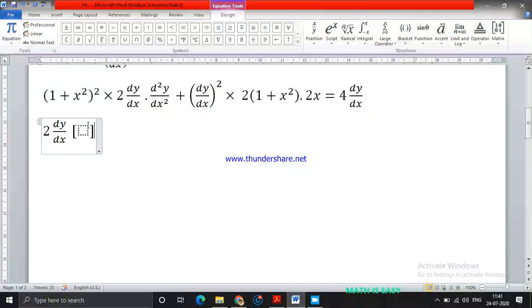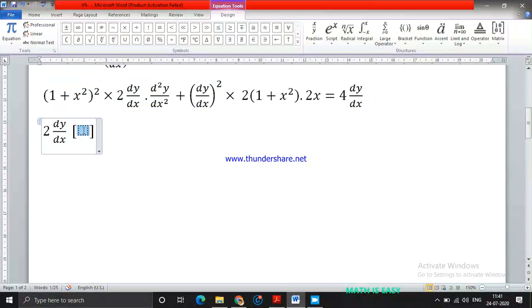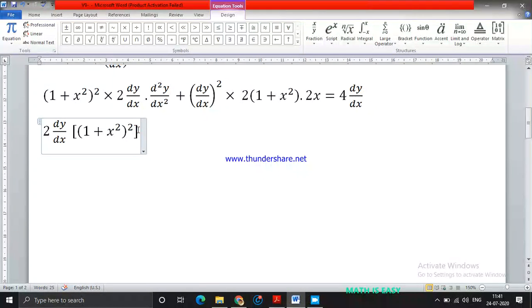Then what are the things left out? Let's see. You are left with (1 plus x square) whole square into d square y by dx square, because 2 dy by dx is taken common.